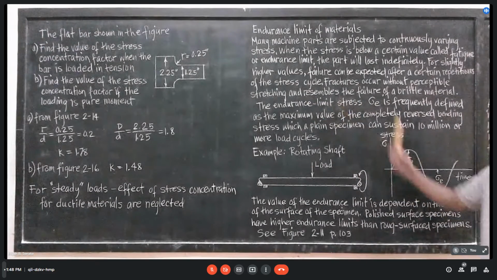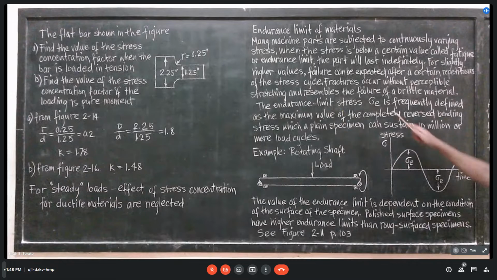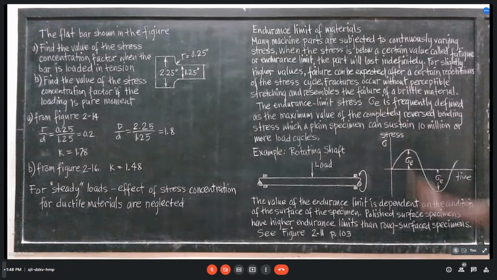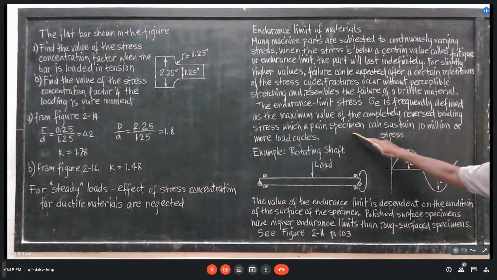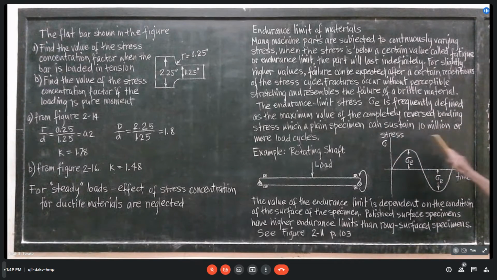So what is the endurance limit stress? Okay, it is sigma E. Defined as the maximum value of completely reversed bending stress with plain specimen such that it can sustain 10 million or more load cycles. Okay, so once you reach that, you apply 10 million.